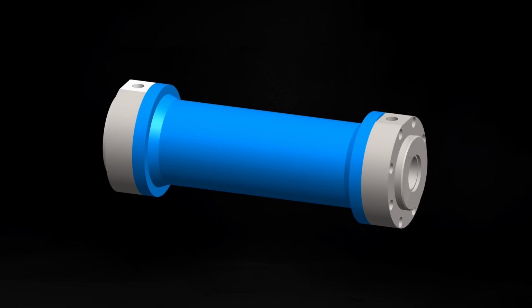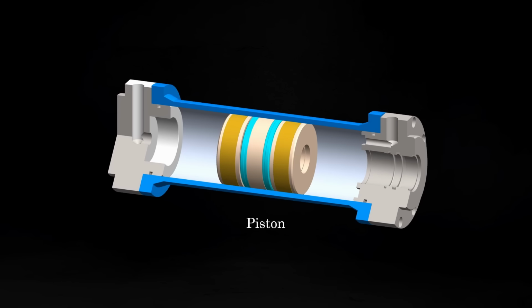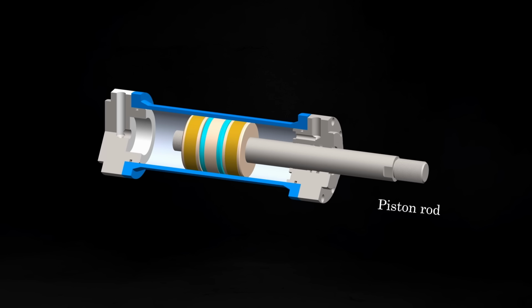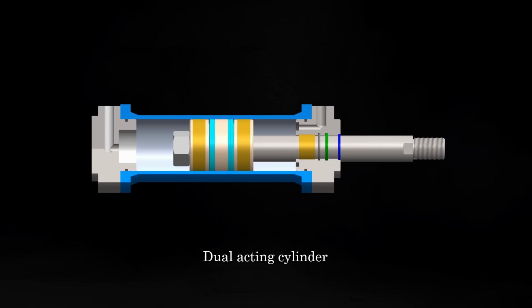And then we have a piston inside the cylinder to do the reciprocating motion using the oil pressure. And it's connected with a rod. We call it piston rod. Now, this is a dual acting cylinder, so we have two oil ports at both ends.